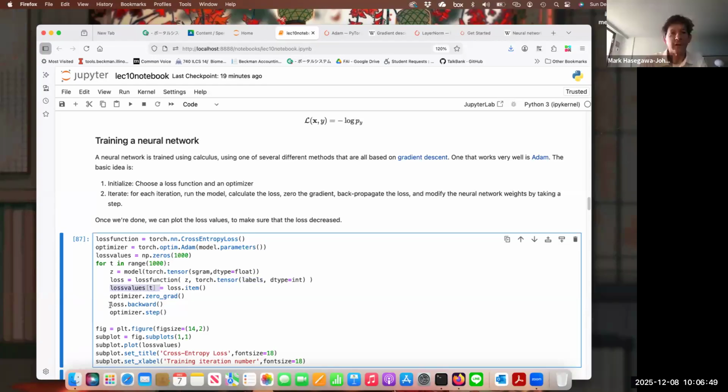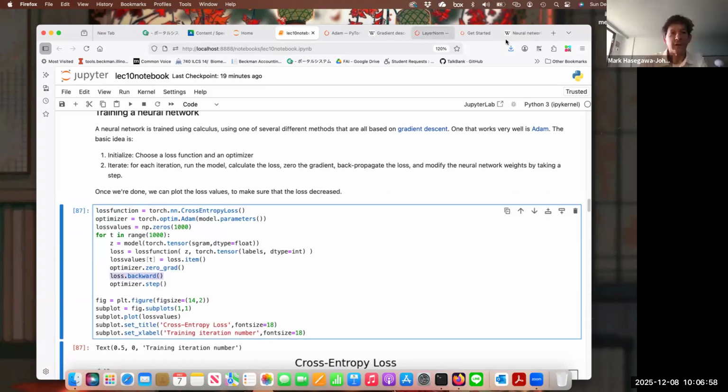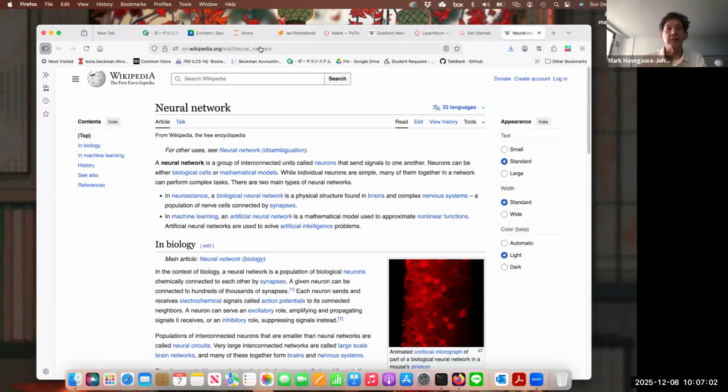And then we will zero out the gradient for the optimizer and then calculate the gradient. What backward does is it calculates the gradient that I showed you. Gradient descent.